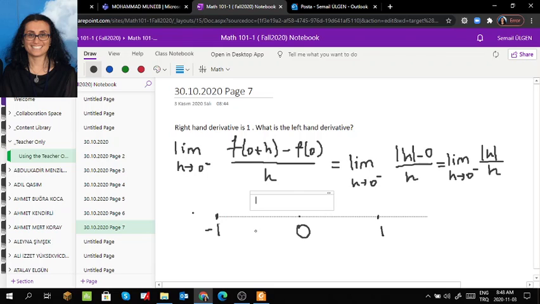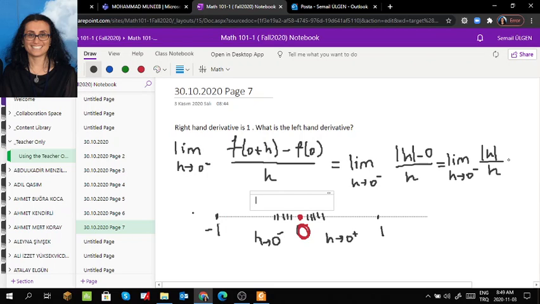So h approaching 0 from the left means h is taking values less than 0. h approaching 0 from the right means h is taking positive values, but these values are very close to 0. This is our origin 0.